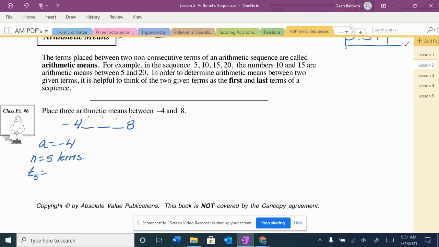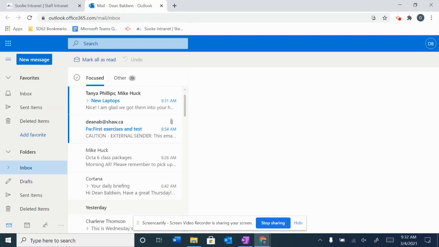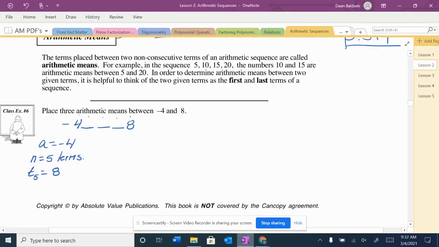What is our formula? Tn is equal to a plus n minus 1 d.